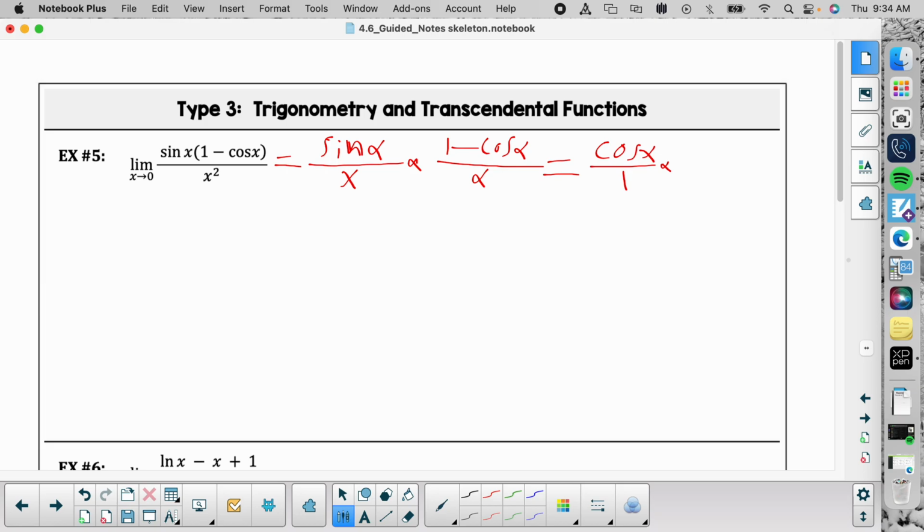Derivative of 1 minus cosine should be 0 minus, or plus sine. Yep, so it should be sine. Yep. Okay, now plug in 0 to see if you can get an answer. Plus cosine of 0. Cosine 0 is 1. Good, sine 0 is 0. Good.